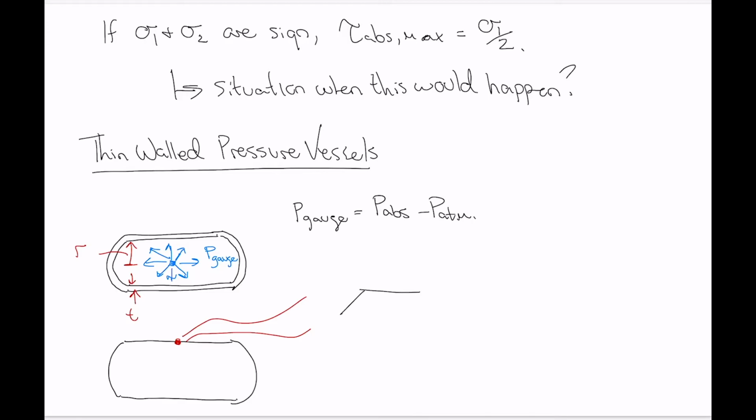Maybe it looks something like this, where the top of the element is on the outside of the tank, and the element goes through the full thickness of the wall. So this would be the outside surface, and then the bottom here is the inside surface.